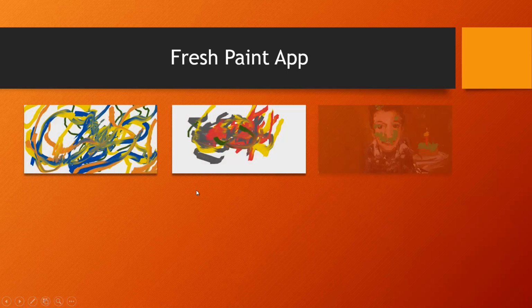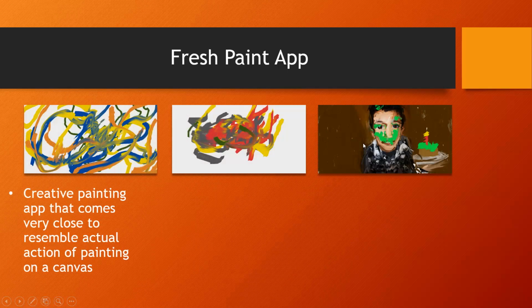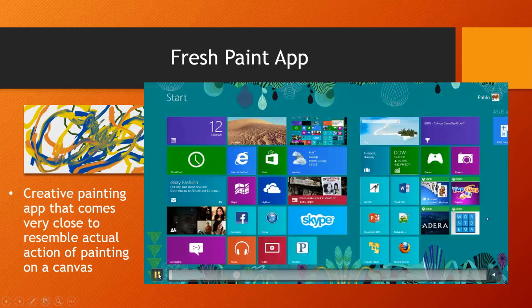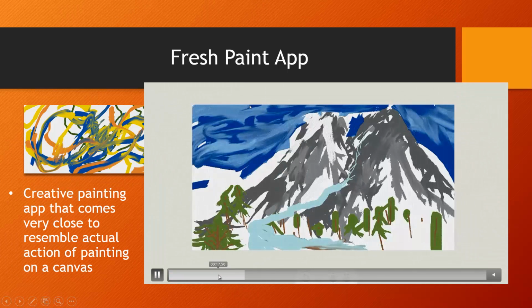Here's the Fresh Paint app. This is just some stuff that I painted up and made look pretty fancy. And like I said, here's a little video of how the program is. I won't go into the whole video because it's about 5 minutes long, so I'll just get right into what I've done. Some mountains with some clouds and stuff, and it's pretty cool.